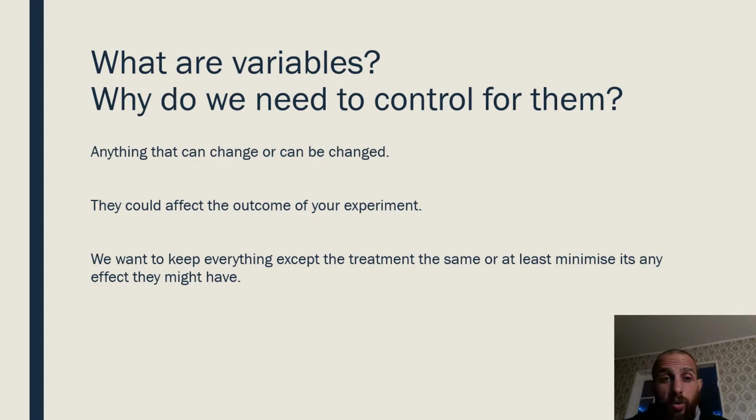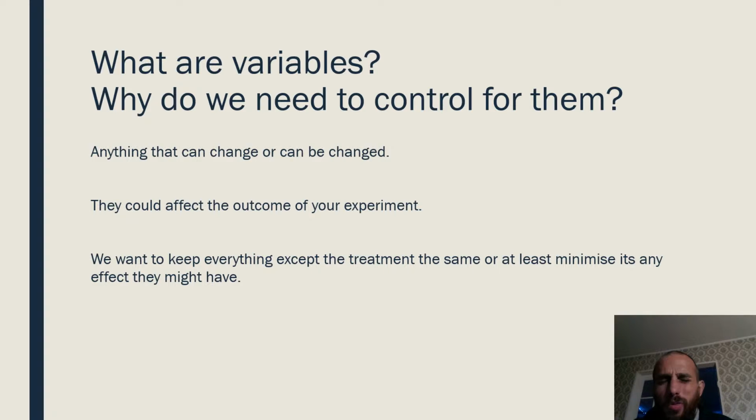We want to make sure that it's our treatment that's making any change and not some other factor. Okay? So we're worried about controlling anything that might affect the outcome of our trial, of our experiment, and we're going to try and stop all the things that we can that aren't our treatment.